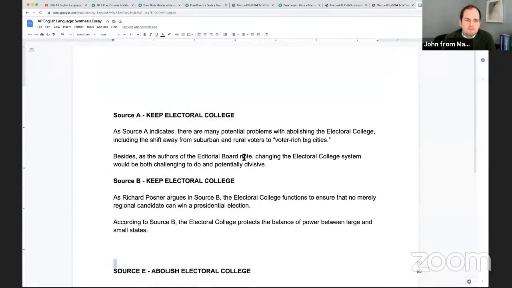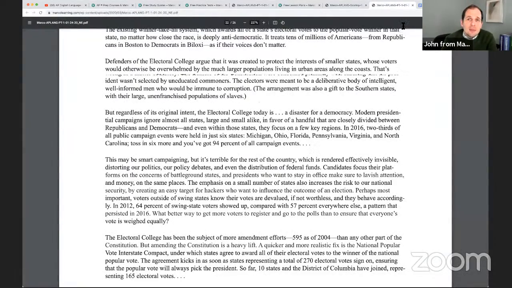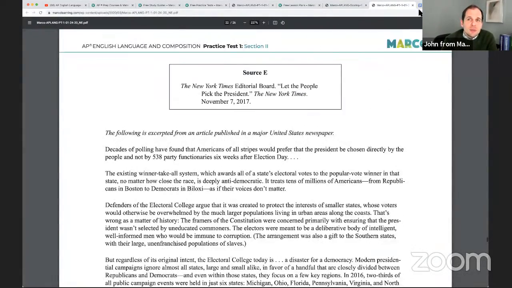So I'm going to say under here, New York Times editorial board claims that the Electoral College is a disaster for democracy. I just think that's such an interesting quote that I'm going to keep it as a part of my essay.